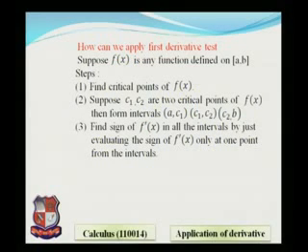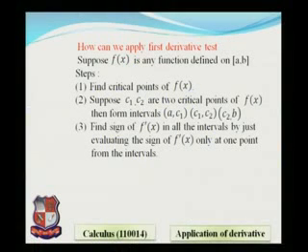Third, find the sign of f dash of x in all the intervals. How can we find the sign? By evaluating the sign of f dash of x at just one point from each interval, because f dash of x does not change sign within the interval, since f dash of c1 equals 0 and f dash of c2 equals 0. So for using the first derivative test, we apply all these three steps.